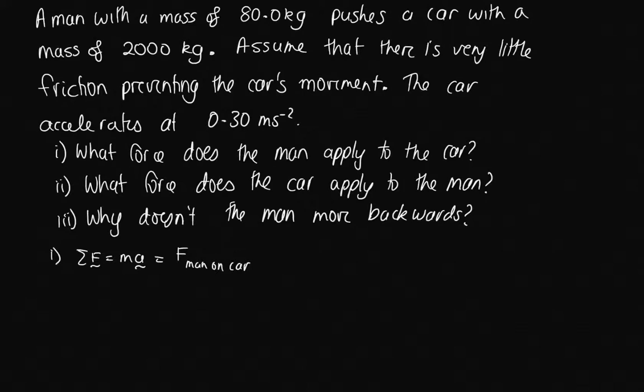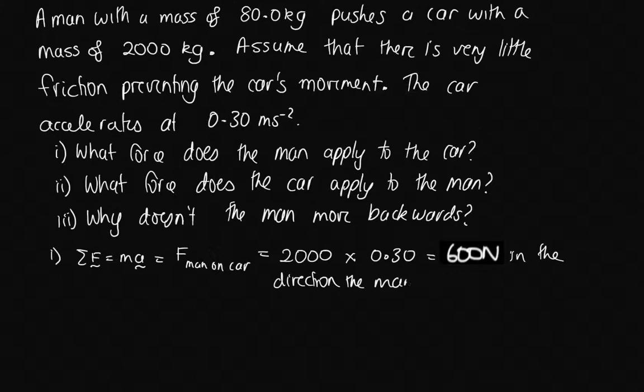And so we're trying to work out what this is, so it's equal to ma. And we're told that the mass of the car is 2,000 kilograms and that the acceleration is 0.30. And so this is equal to 600 newtons, and it's in the direction the man pushes.